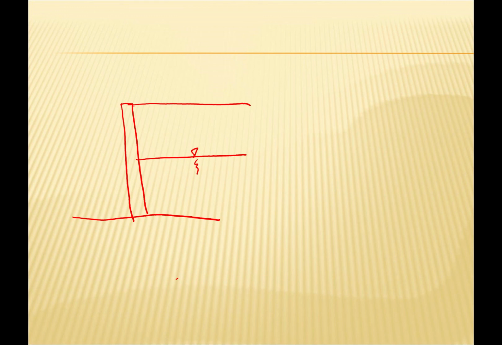First thing first, draw layer 1, reference number 1, at the first layer. That will be Ka1 gamma 1 H1, and then you are transferring this down. You are transferring the load Ka1 gamma 1 H1, but of course because this is the second layer, you are doing it for Ka2.